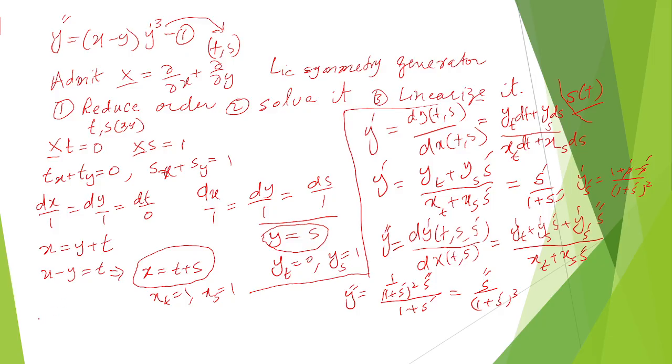You see, y double dash is equal to x minus y dash cube.